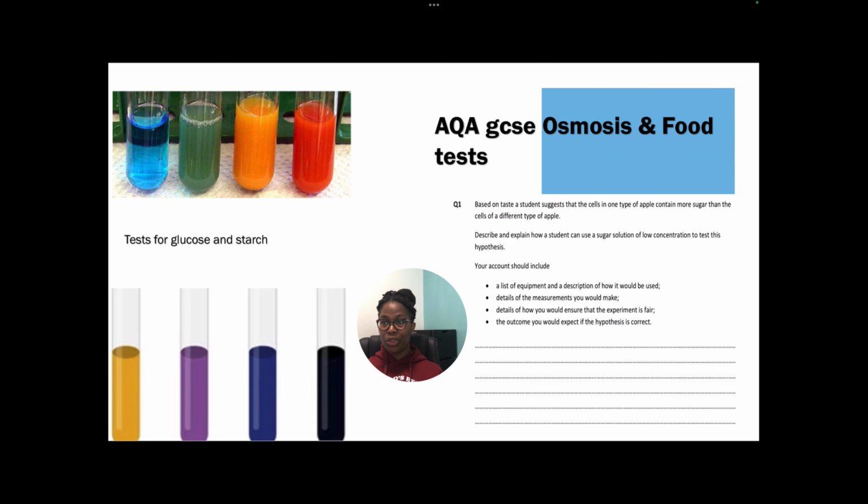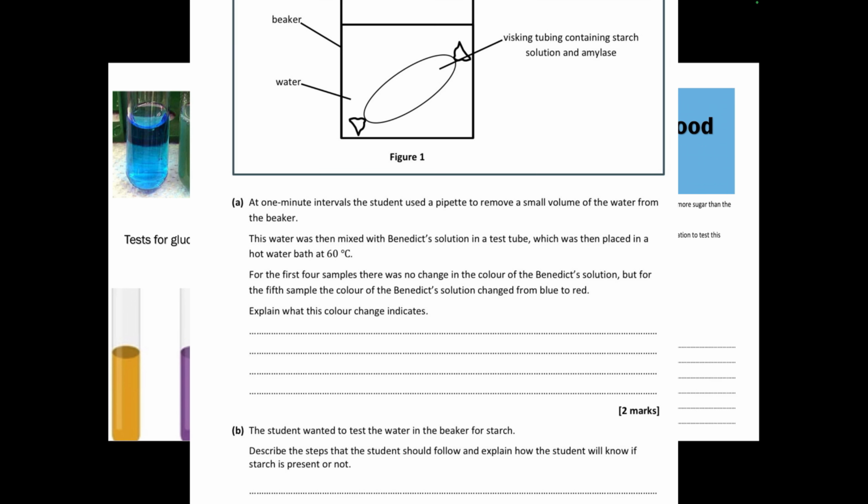The second question is about testing foods for the presence of glucose and the presence of starch. Now remember that the presence of glucose can be tested using Benedict solution. For this Benedict solution to give you a positive change to orange or brick red, for example, you need a hot water bath of 60 degrees Celsius in temperature and above.